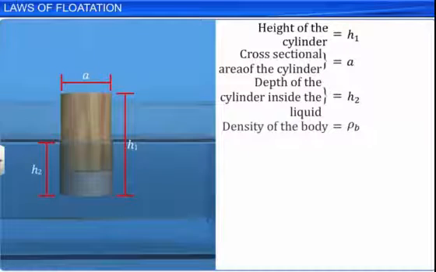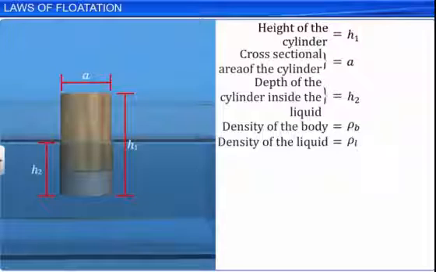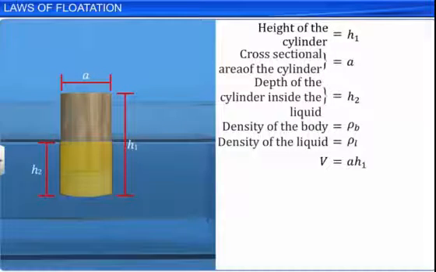Let rho b be the density of the body and rho L be the density of the liquid. Then, volume of the cylinder V is equal to A into H1, and volume of the liquid displaced V_I is equal to A into H2.